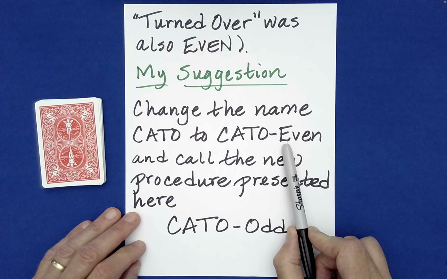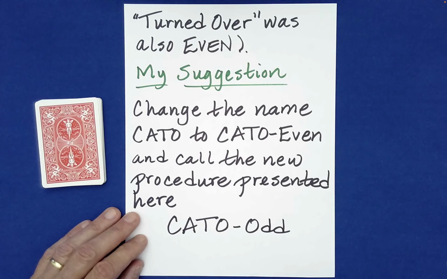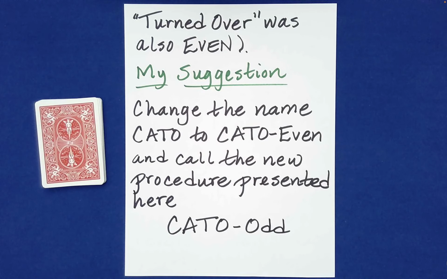And then we can refer to this new principle as CATO-Odd. Okay, so that would draw a clear distinction between the two, reminding you what's the parity of the number of cards that are being flipped face up along with random cuts.